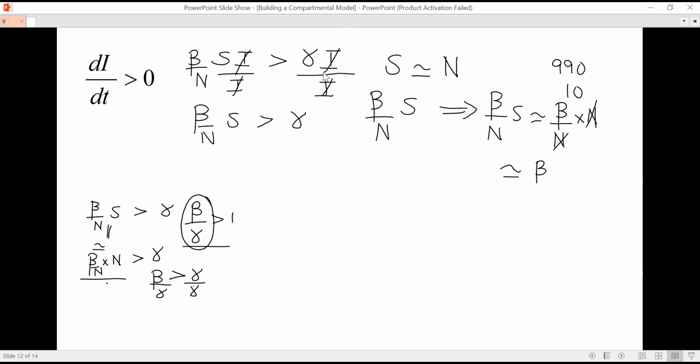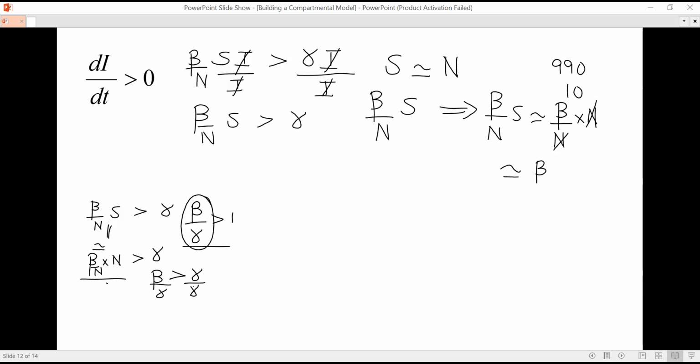Then we find like terms and cancel them out. Here we have I, and on the other side we have I, so we cancel them out. And so we are saying that beta S over N is greater than gamma, that's the parameter. In the beginning of the disease, like in COVID, only 1 person was introduced into Uganda with COVID, maybe from a place that had an outbreak, and that's how people started getting infected.